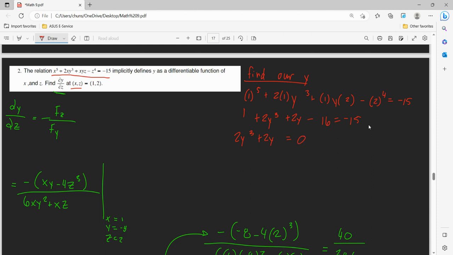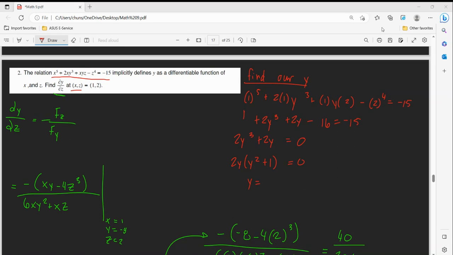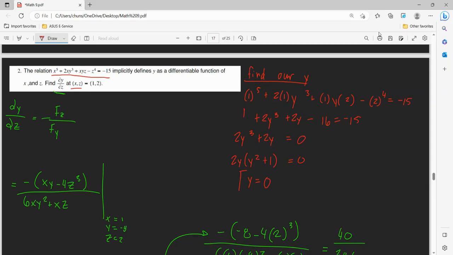Then minus that 1, this is 0. So this is 2y times y squared plus 1 equals 0. So then our y is equal to, hold on, 0 in this case. y is equal to 0. Okay, so let me change that. Always be careful when you are doing these questions. Sometimes you may not have a second chance.